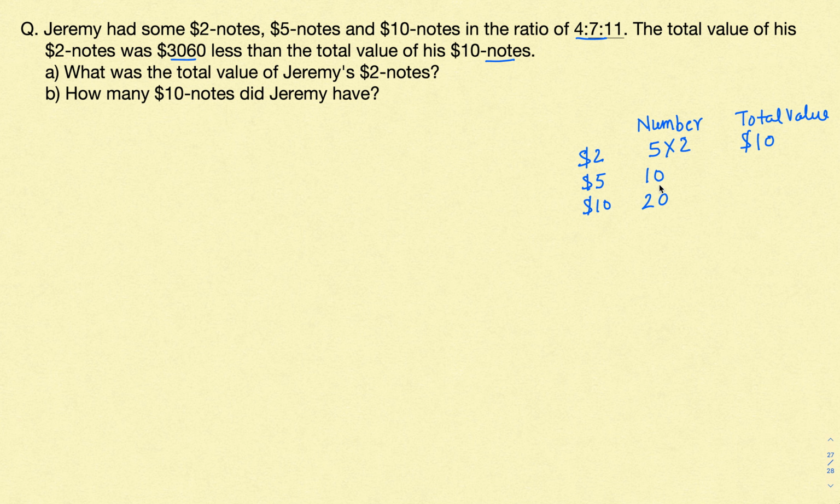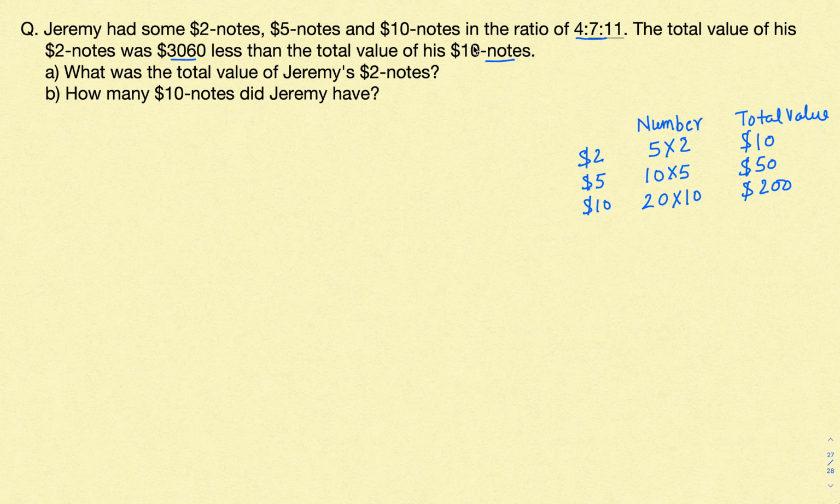Similarly, if I have 10 $5 notes, the total value of these $5 notes will be 10 times 5, $50. And same thing for $10: if I have 20 $10 notes, the total value will be $200. So I hope you have understood that there is a difference between the number of notes and the value of those notes.